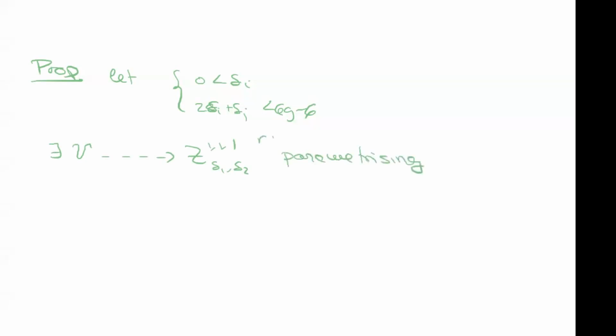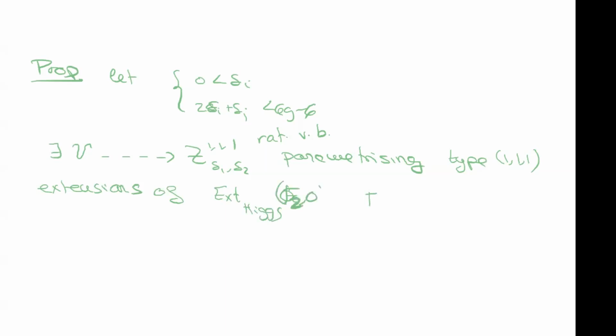So this is a rational vector bundle, parametrizing type 1, 1, 1 extensions of say F0, say extensions as Higgs bundles of F0, F2, 0 by 0, by 0. On the other, yeah, no, the other way around.